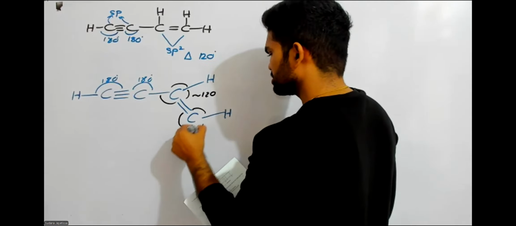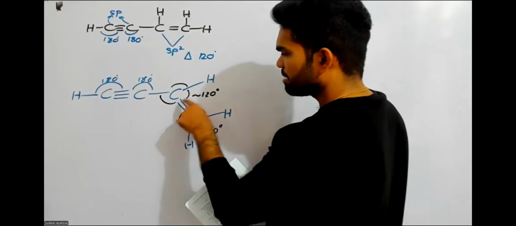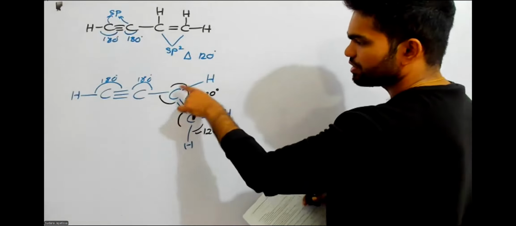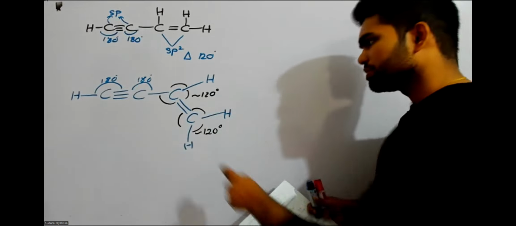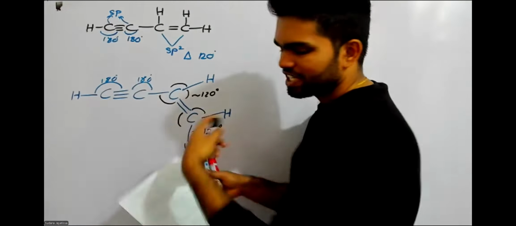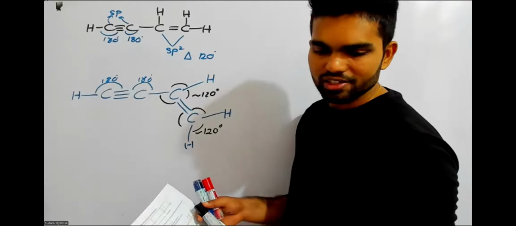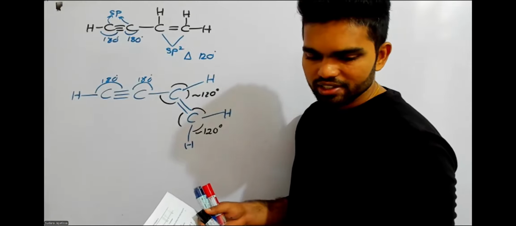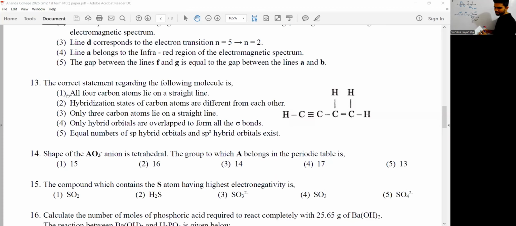Here also it is approximately 120. Why did I say approximately? Because there's a double bond and the bond lengths are also different, so it will affect the bond angle somehow. Here also it will change somewhat, but anyway, I think we take it as 180 and 120. It's no problem, a small change. So the first statement is false.